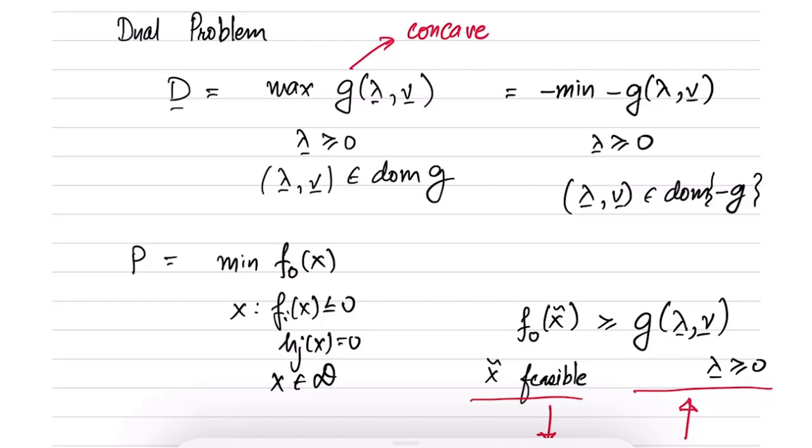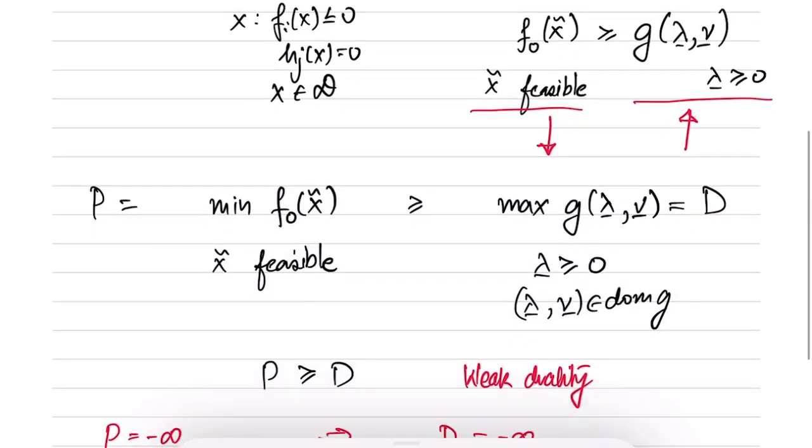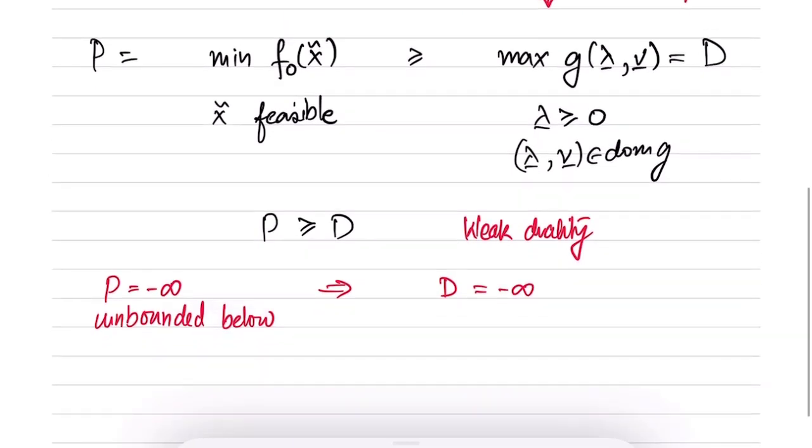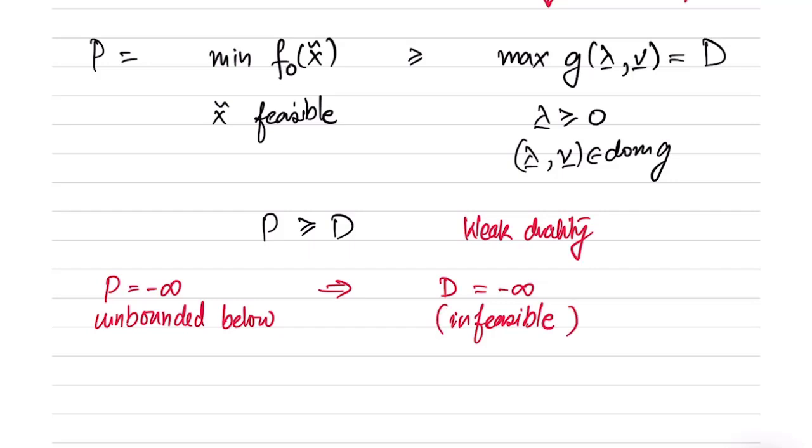So if d is minus infinity, this value will be infinity, right? For a convex optimization problem to be infinity, it means that the problem is infeasible, right? So this implies that the dual problem is infeasible. So if the primal problem is unbounded below, it implies that the dual problem is infeasible from this definition.